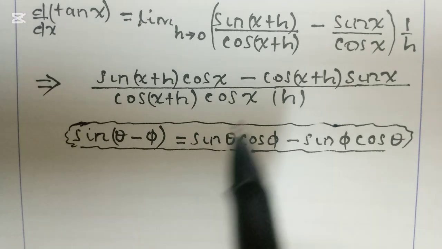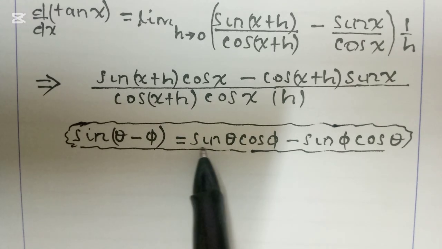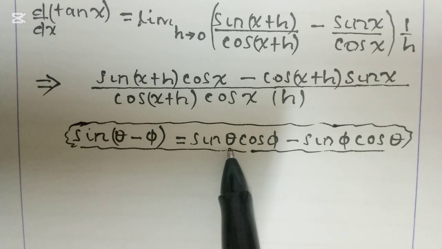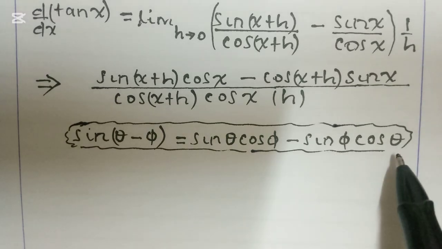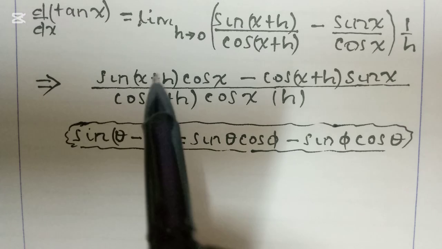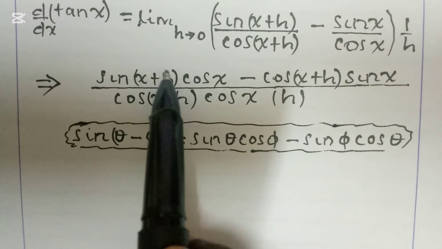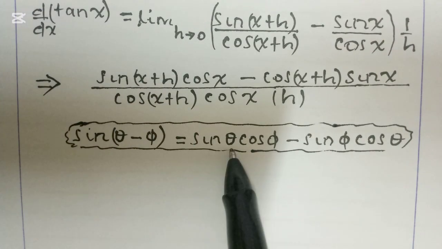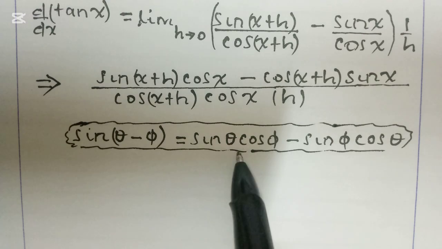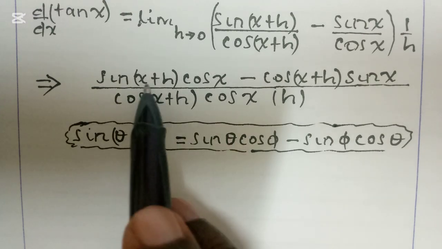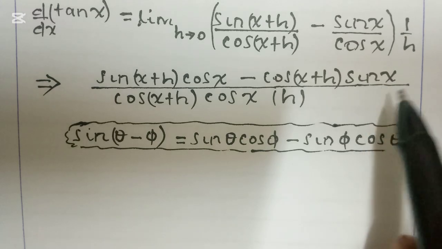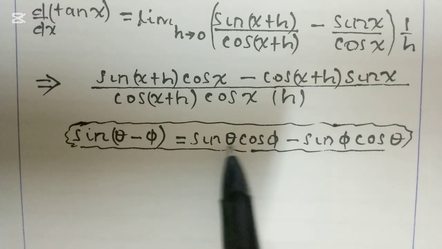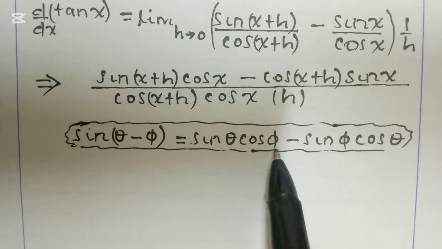If you look at this, you find that there we have sin theta cos phi minus sin phi cos theta. And if you check at this, this value is like theta, this one is phi, because when they come here, they exchange, just like these ones have exchanged theta and phi.